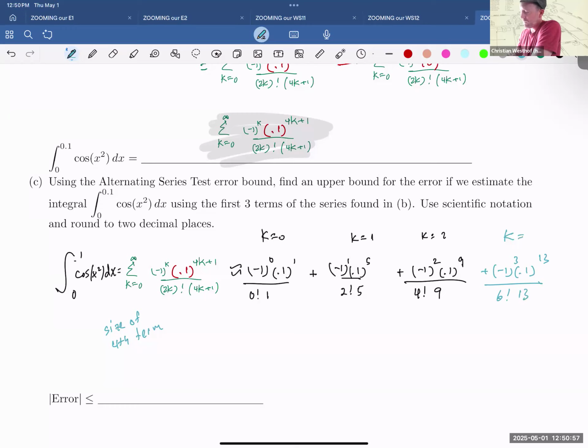This is when k is 3. This is our error bound. Absolute, or like size, magnitude.